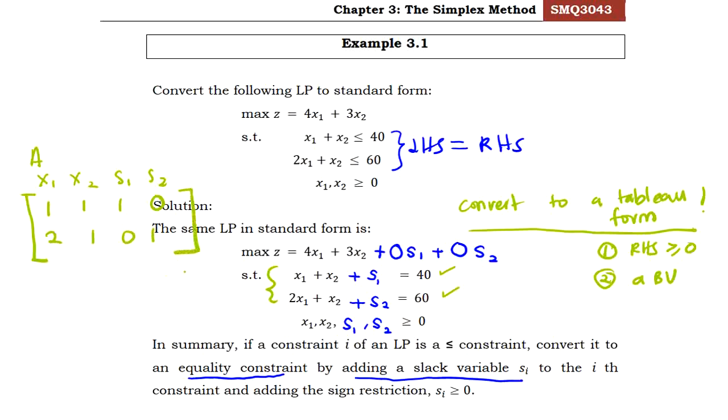For this example, the BV for the first constraint, or the first equation, is from here, because it's actually an identity matrix, 1 0 0 1. So s1 is the BV for the first constraint, and for the second constraint, s2 is the basic variable.